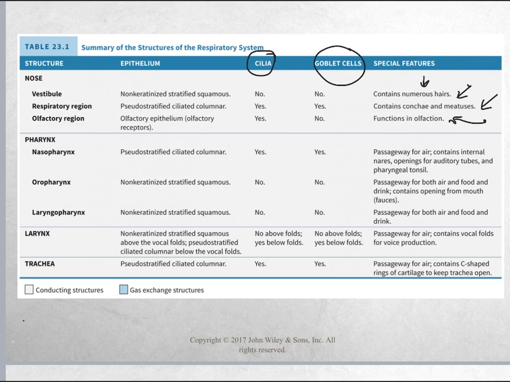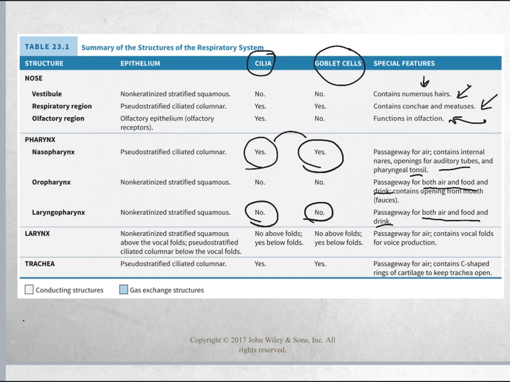Okay, and we can continue down for auditory tube, tonsils. See what the oropharynx is, the passageway for both air and food, and drink. And then we look at the laryngopharynx, passageway for both air and food and drink. We notice no goblet cells, no cilia. It is in the nasopharynx that we're really utilizing these modifications to protect and filter.